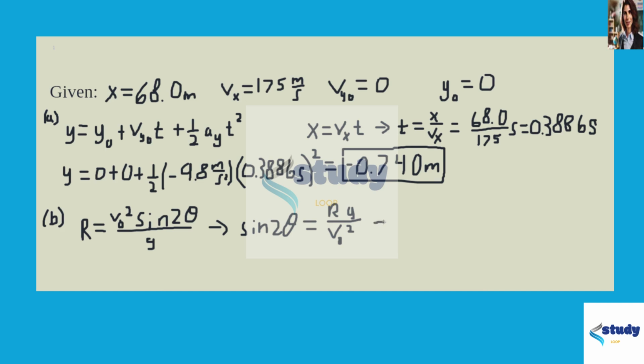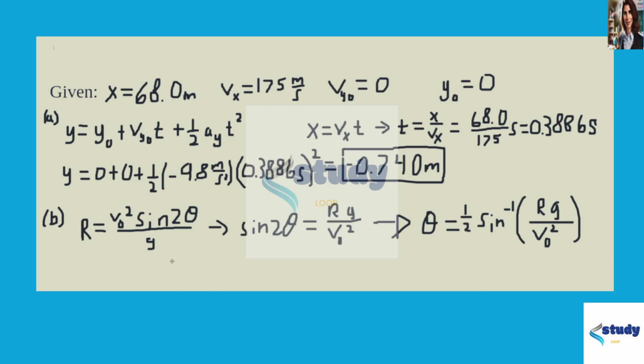We take the inverse sine of both sides, the sine on the left side cancels out, and you have theta equals sine to the minus 1 of r times g divided by v naught squared. Then you had the 2 theta, so this all has to be divided by 2. You could just put a 1/2 out front here.